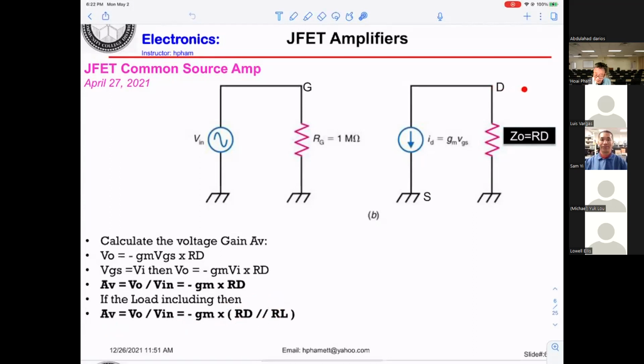If the output has a load resistance, you have to calculate the combination RD parallel with the load. Hopefully that makes it clear how to calculate the V out and the voltage gain for the common source, and the relation between the input and output signal, in phase or out of phase. Any question up to this point?